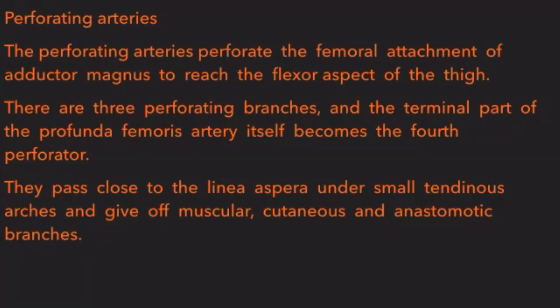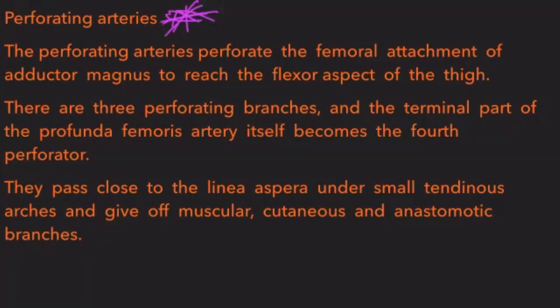Coming to the distal branches, that is within the adductor canal, along the adductor canal, right? Perforating arteries perforate the femoral attachment of the adductor magnus to reach the flexor aspect of the thigh.